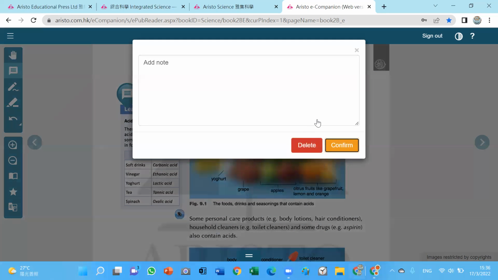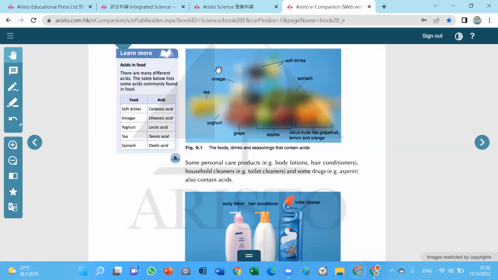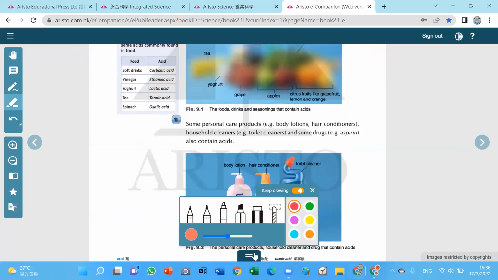Some personal care products such as body lotion, hair conditioners, household cleaners, toilet cleaners, and some drugs, for example aspirin, 阿士匹靈.